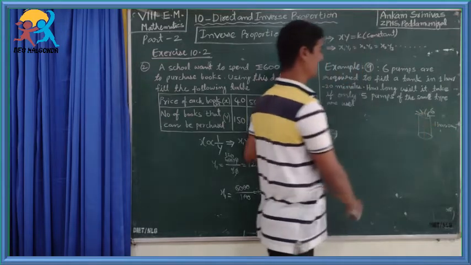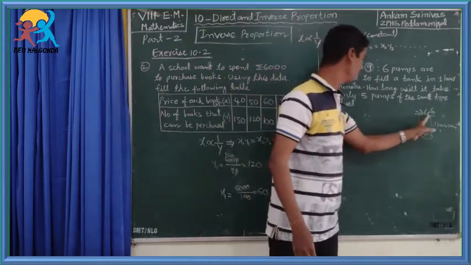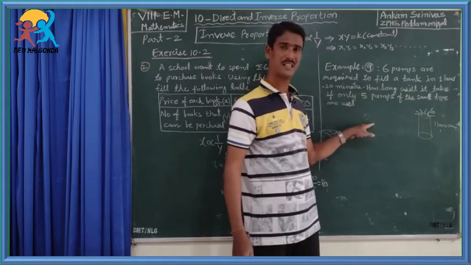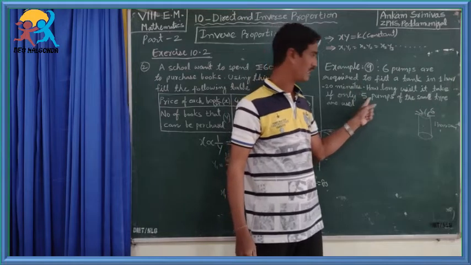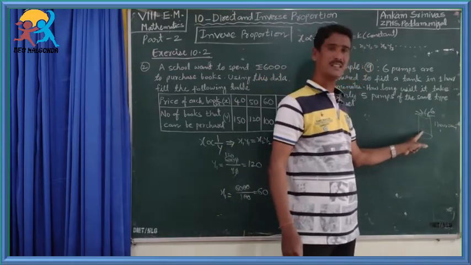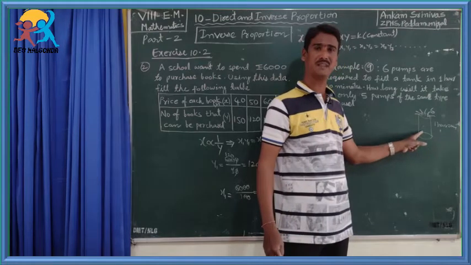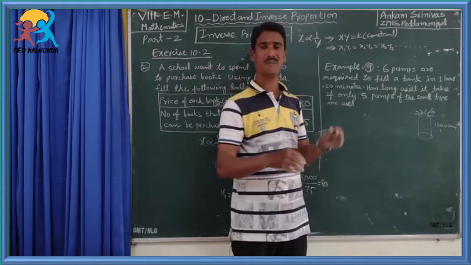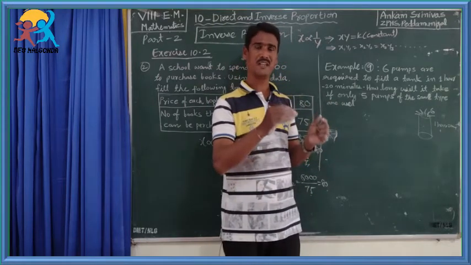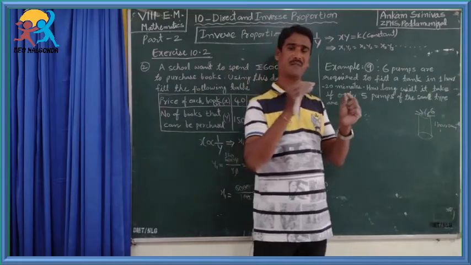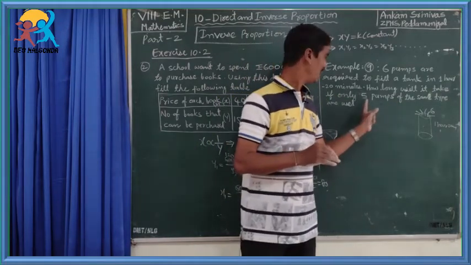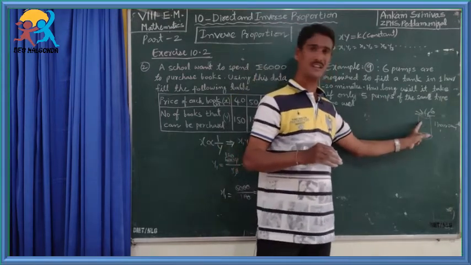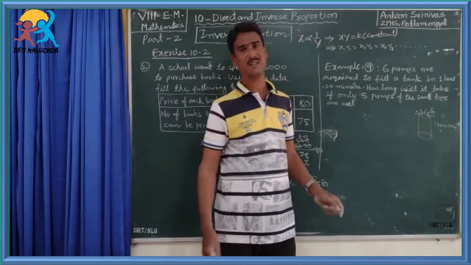To fill the same tank, if you use only 5 pumps, that means the number of pumps is decreasing, 1 pump less. Then to fill this tank, it will take more time. If the number of pumps is more, filling the tank will take less time. If the number of pumps is less, filling the tank will take more time.